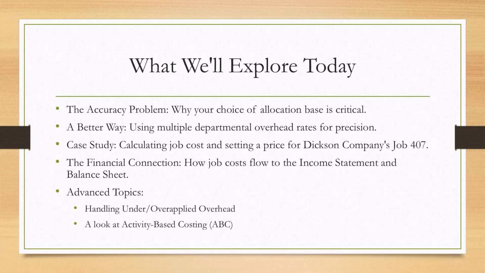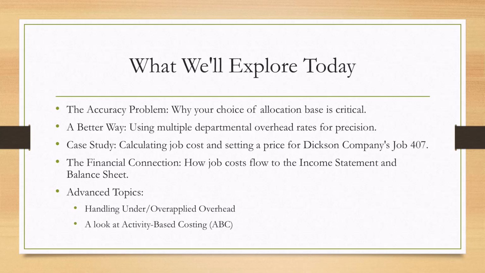Today, we'll start by looking at the accuracy problem and why the choice of an allocation base is so critical. Then, we'll explore a better way to achieve precision by using multiple departmental overhead rates. We will walk through a detailed case study for the Dixon Company to see how to calculate a job's cost and set its price.